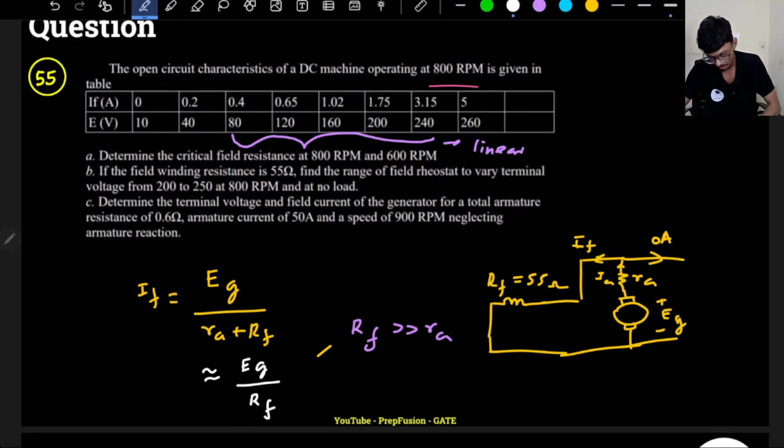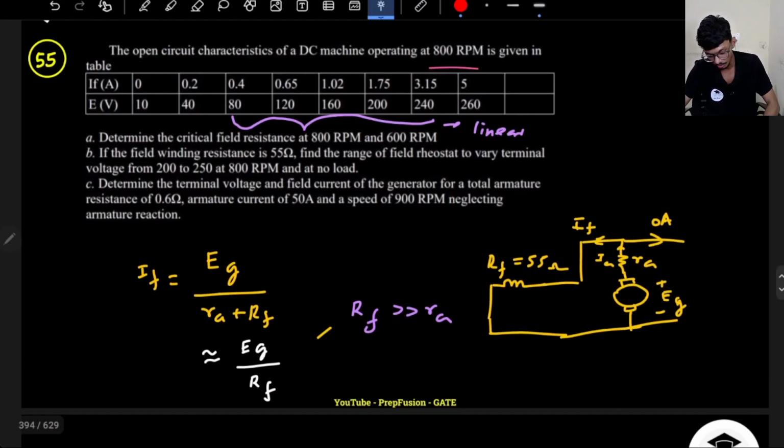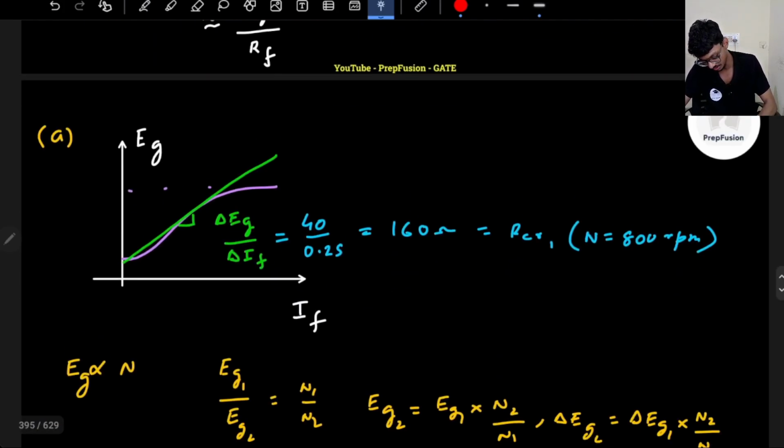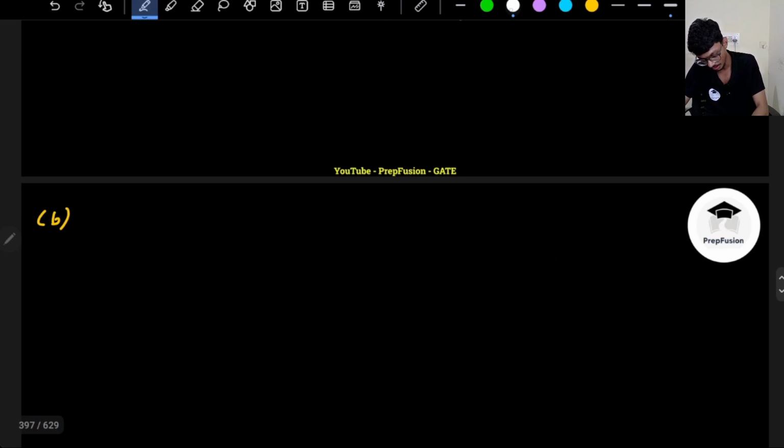Okay. So what do I want to find? I want to see which point satisfies this equation, because all these are steady state voltages, right? I have to see which point satisfies this equation. What is the equation? The equation is IF equals EG by RF.